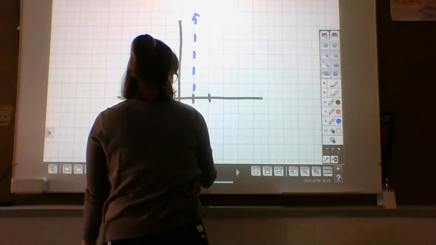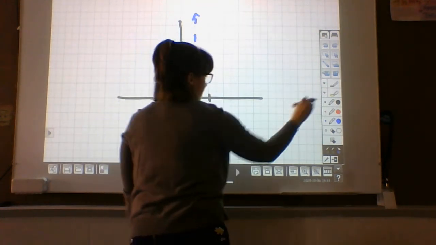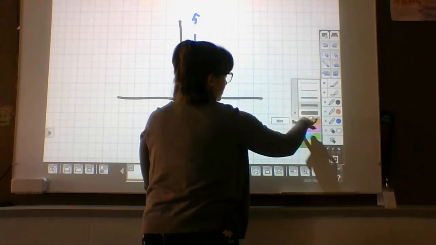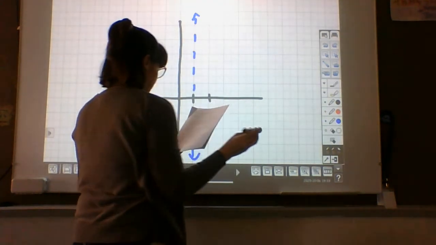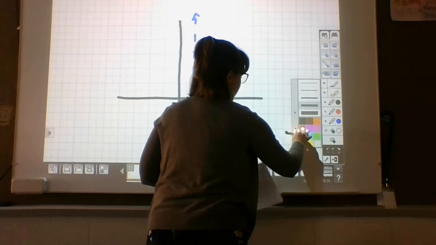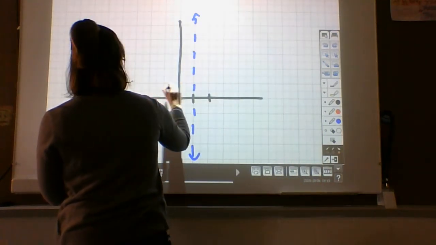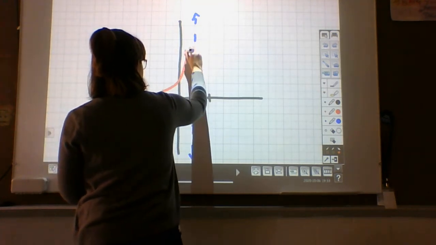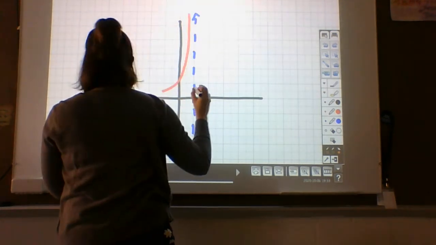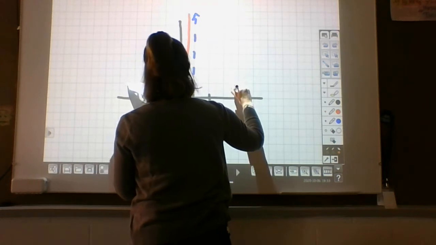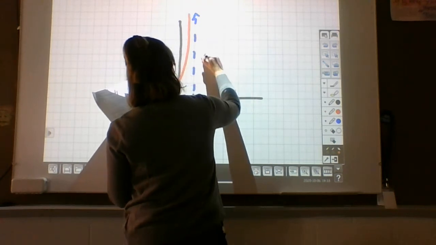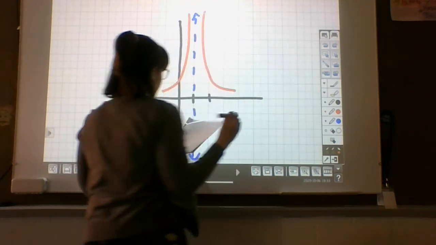And then our graph itself is going to have this sort of behavior. Let's make it red. So it comes in like this and this. Okay, so something like that.